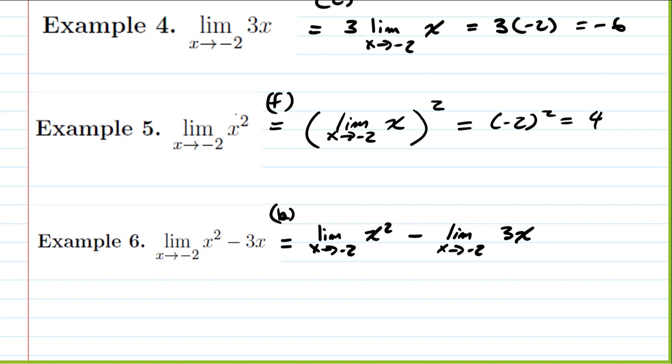Well, wait a minute. This is example 4, and this is example 5. So if I have example 4 and example 5, I already know what the answers are. So this is going to be 4 minus a negative 6, so minus a negative is a plus. So then we would get 10.